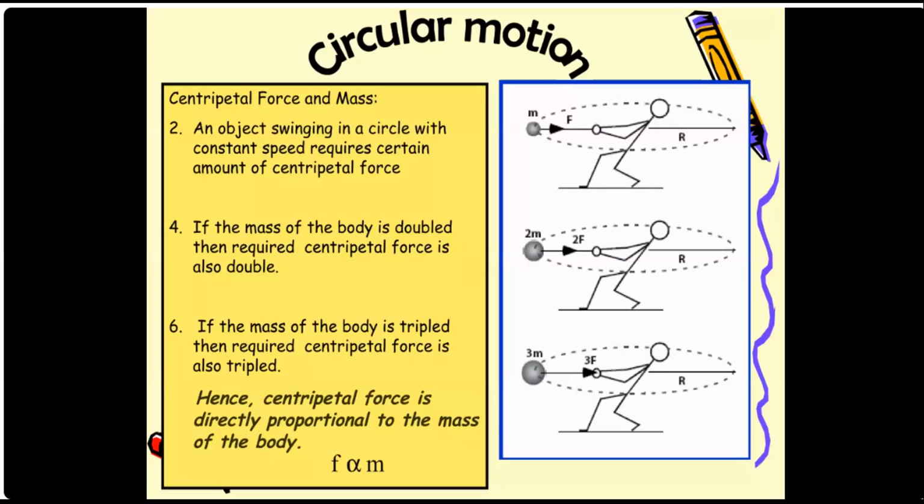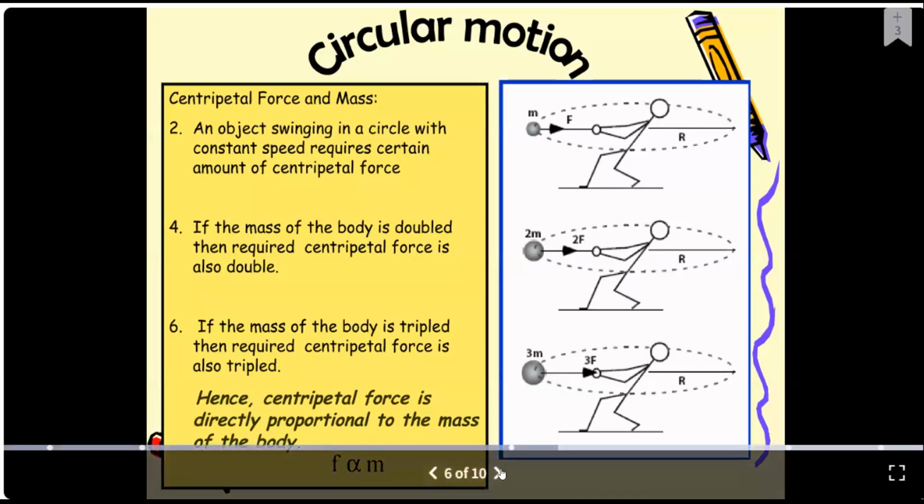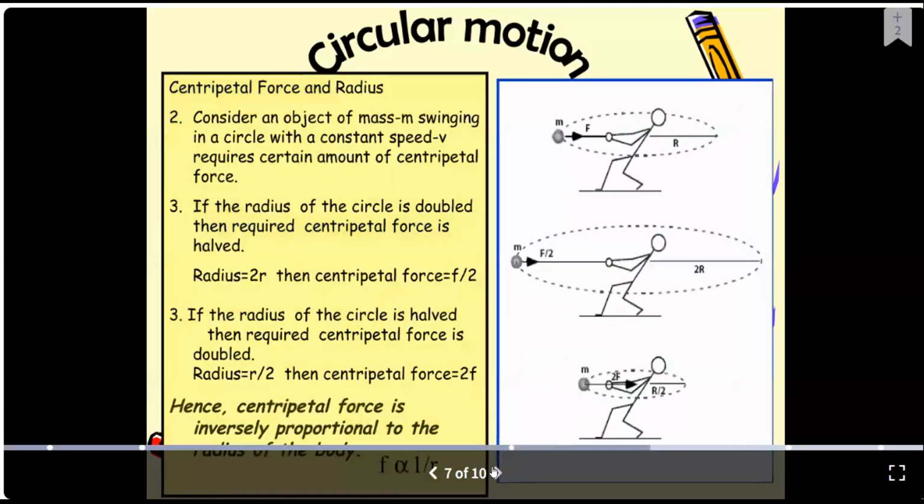If you were to increase the mass, therefore the centripetal force will have to also increase. And they're showing you here that really that force is proportional to the mass. It also has a relationship to the velocity as well, right?